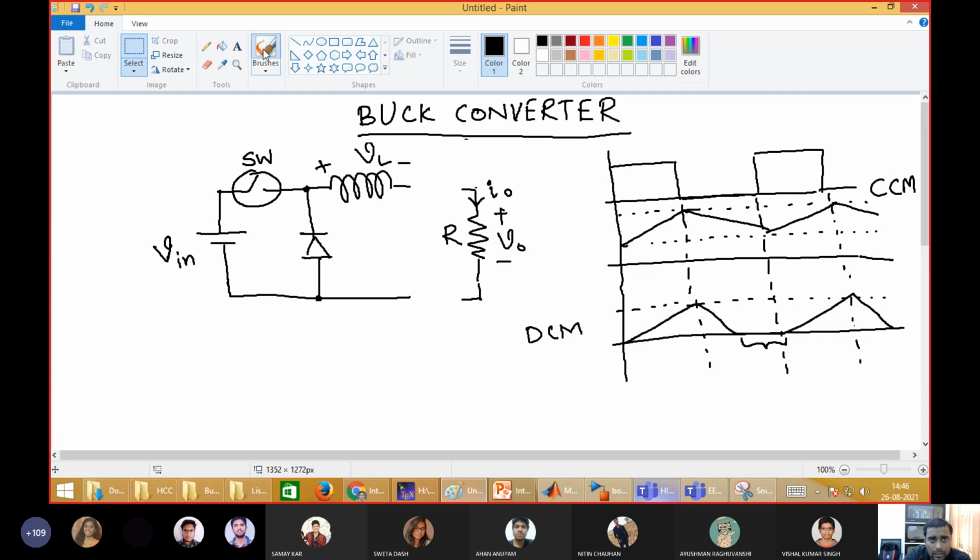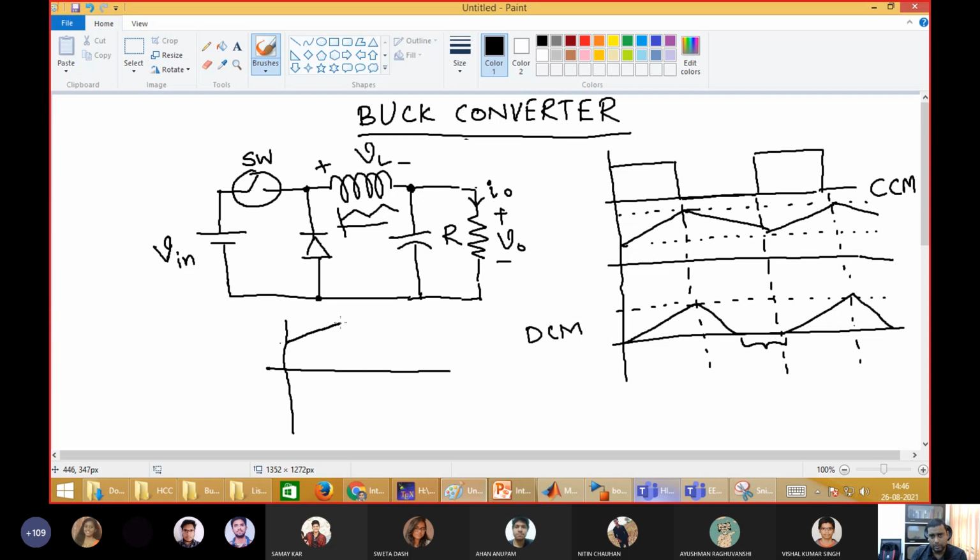And that will complete the LC filter. Now what will happen? So how will it operate? This inductor current is something like this. It is explained in that video.